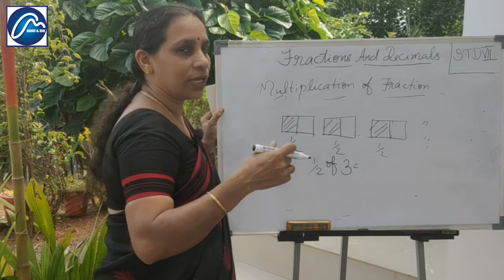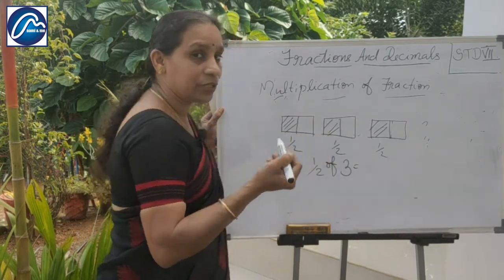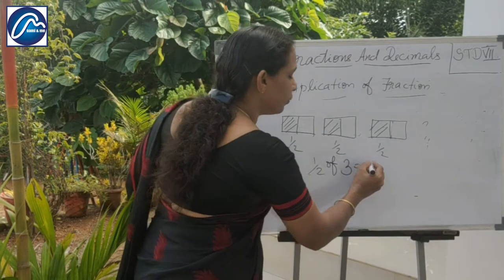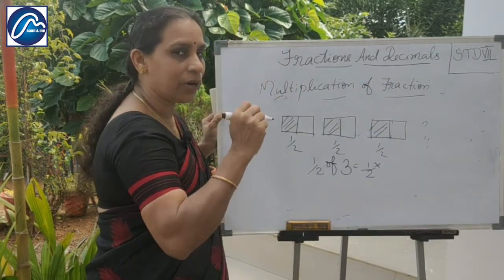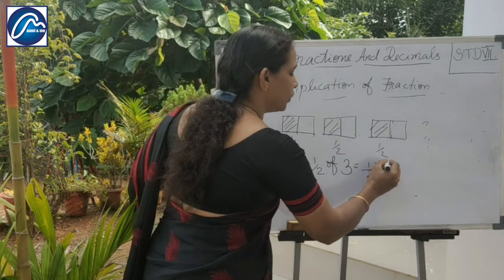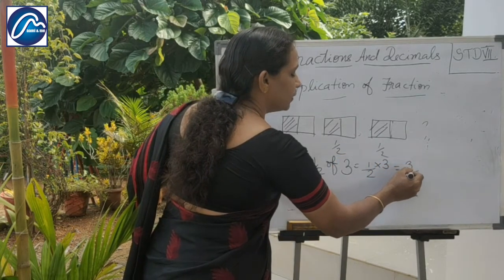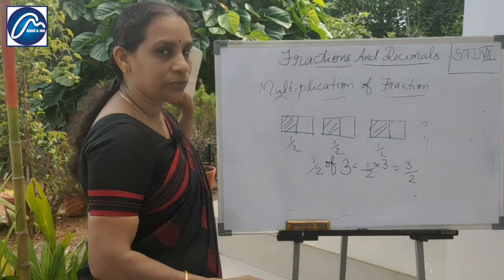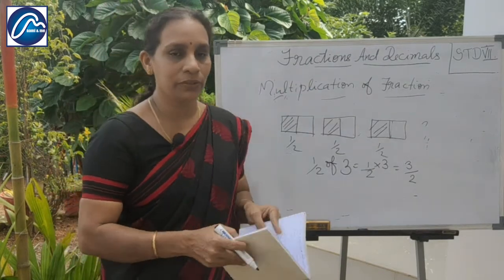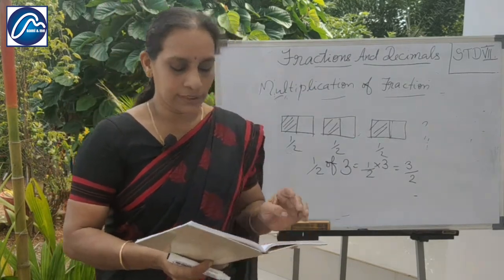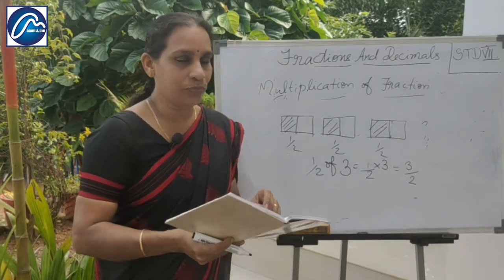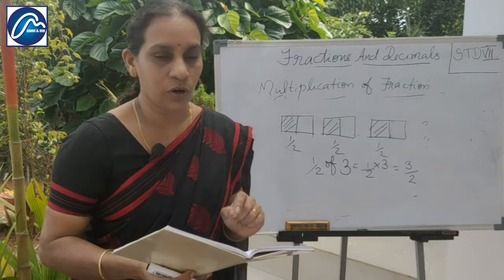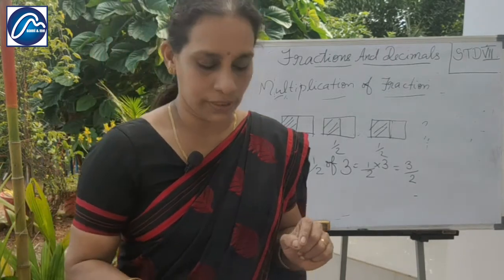That we ask as what is 1 by 2 of 3. Then you would add these numbers. Instead of adding many times, we will multiply. So 1 by 2 into 3. So the answer is 3 by 2. We multiplied as we said just now. Then you will get the answer as 3 by 2. That means "of" means you have to multiply. If it says "of", you have to multiply.